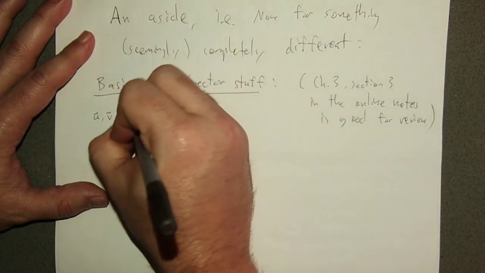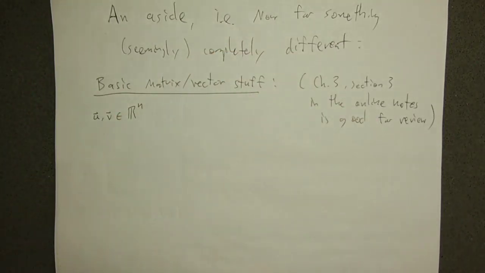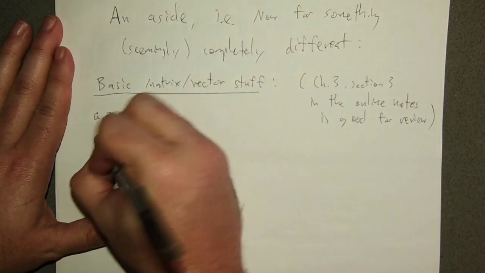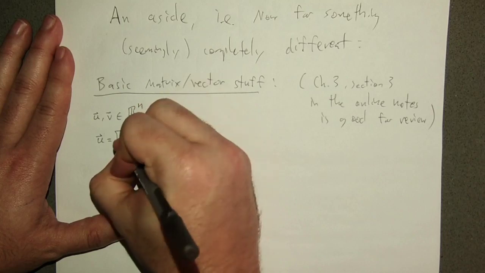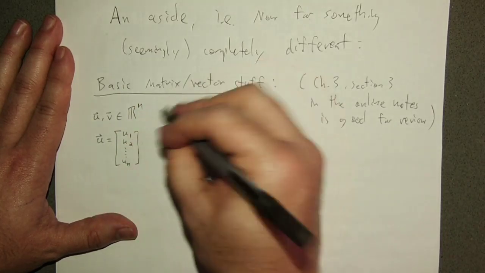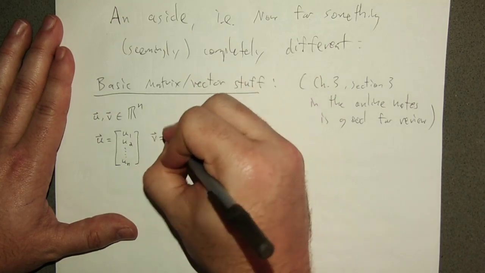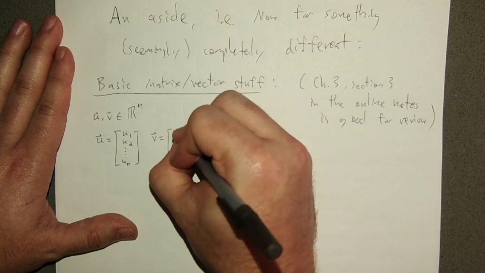And we'll say that those are vectors in Rn. That means I'm thinking of them as column vectors with n entries. So when I say this is what I mean. I'm thinking of these as column vectors with n entries. Now, it turns out that we are going to use, this should be v.